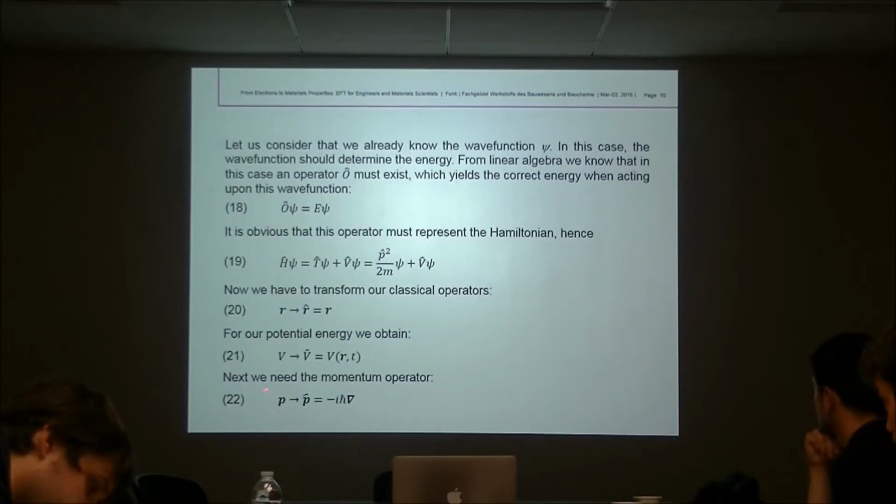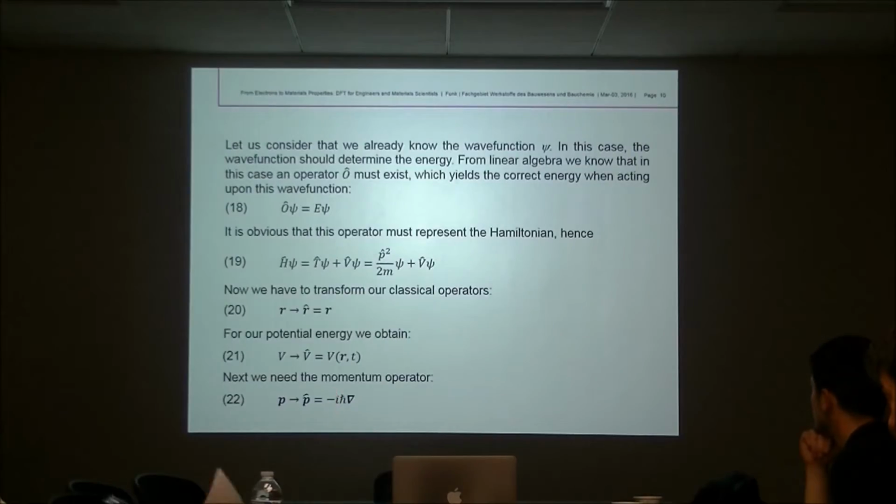More interestingly, momentum is not that easy. One would think if time and space just stay the same, then their derivatives do as well. Unfortunately, they don't. So here we have the imaginary unit, i. I think you all know, i is the square root of -1.